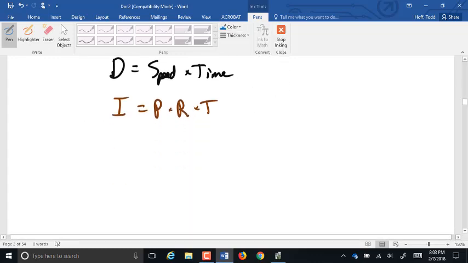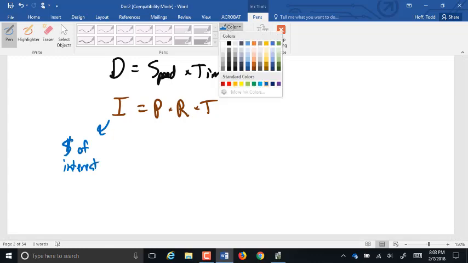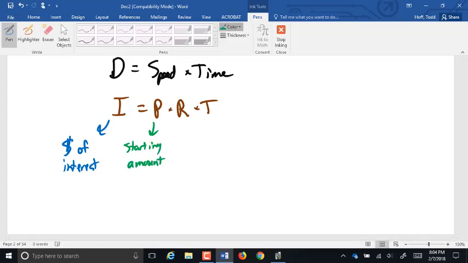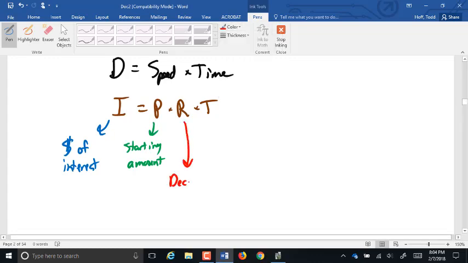A little side note on this one, by the way. Remember, your interest is the dollar amount of interest earned. P, the principal, is the starting amount. R, the rate, that is the decimal form of a percent.